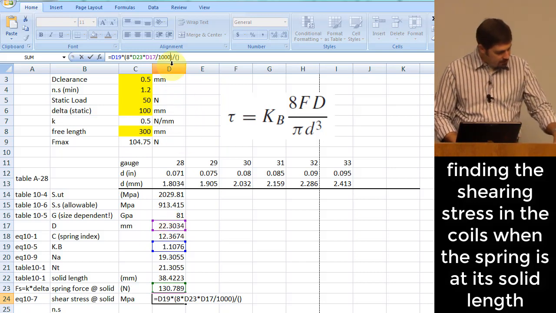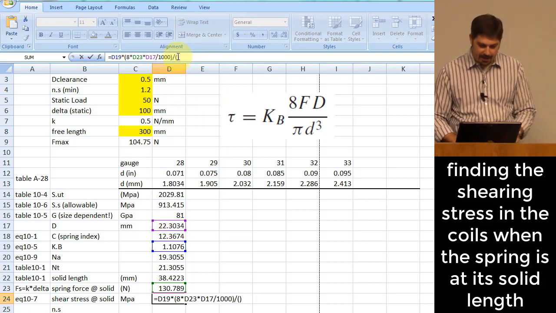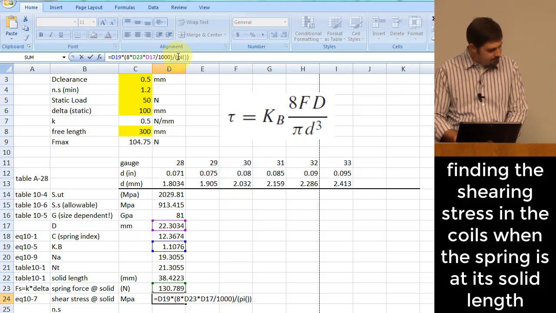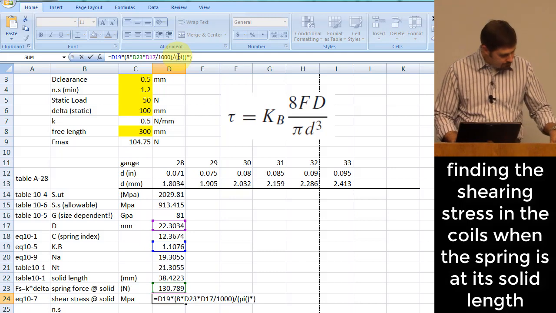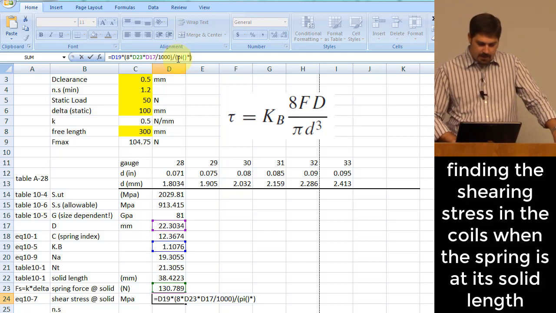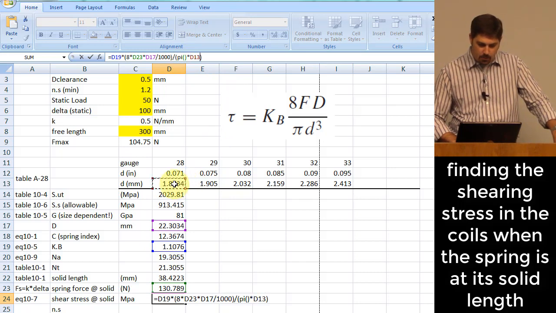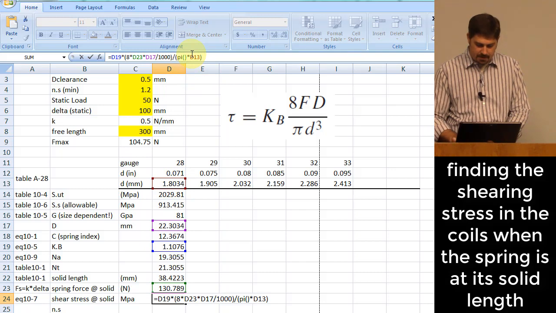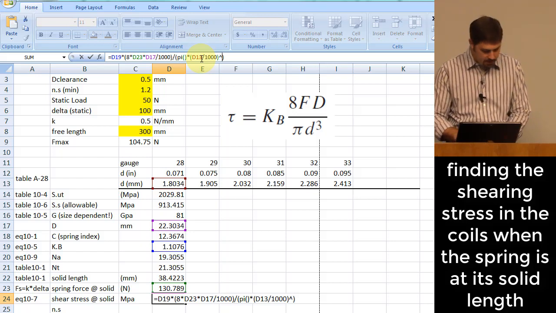All right. And then in the denominator, I have pi times d cubed, and d is the wire diameter. Let me put that in parentheses here. I will also divide this by 1,000, and then that is cubed.